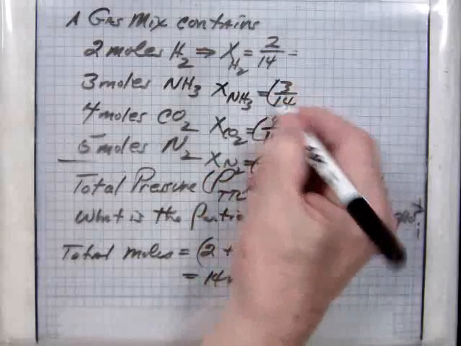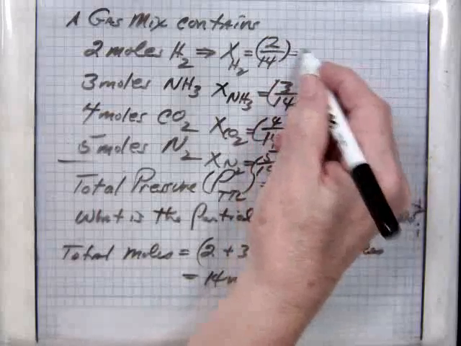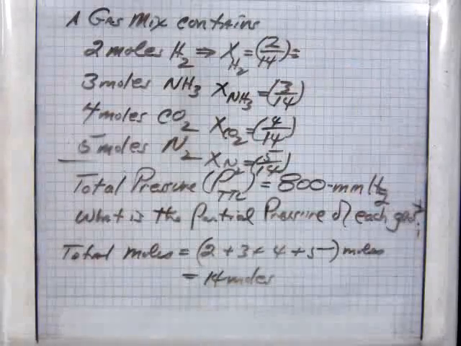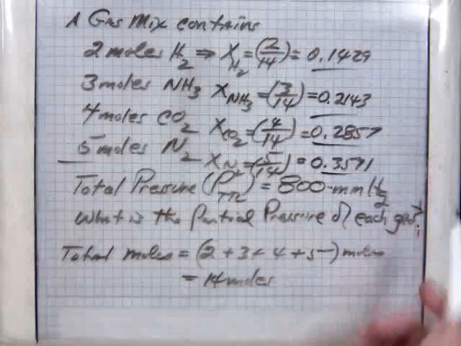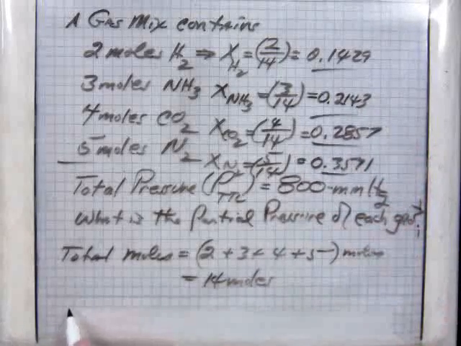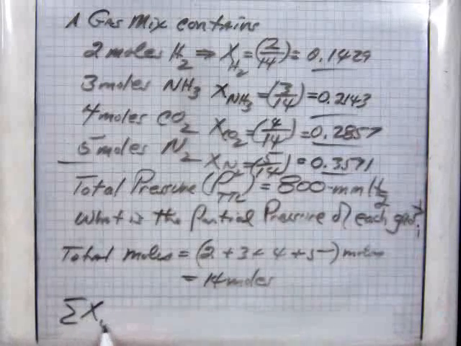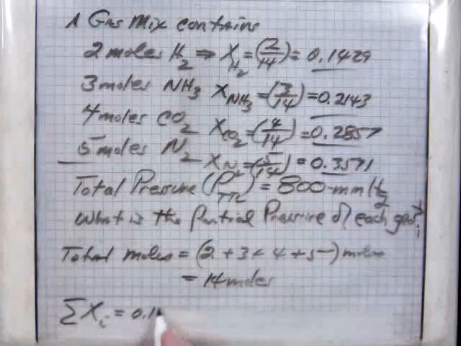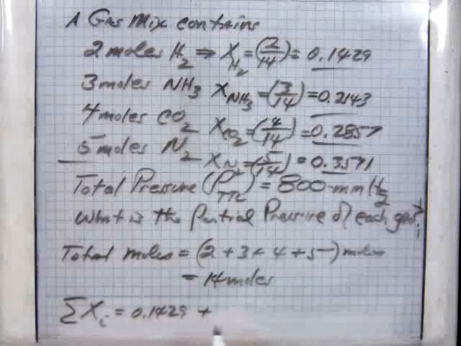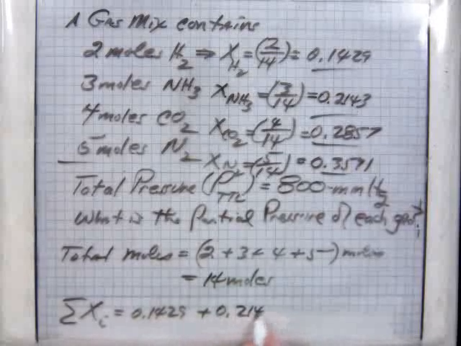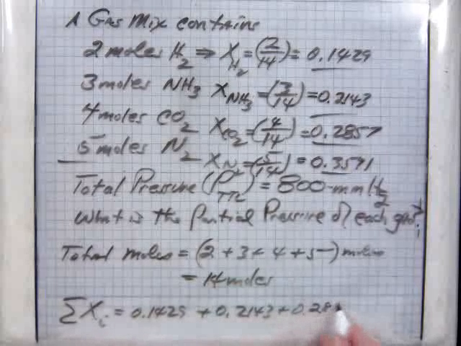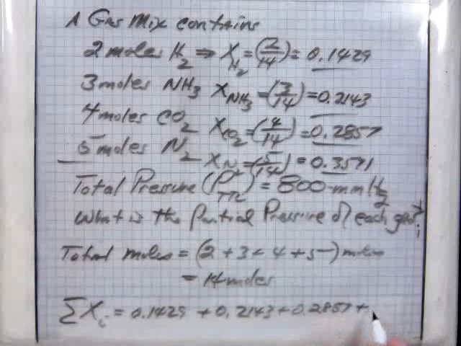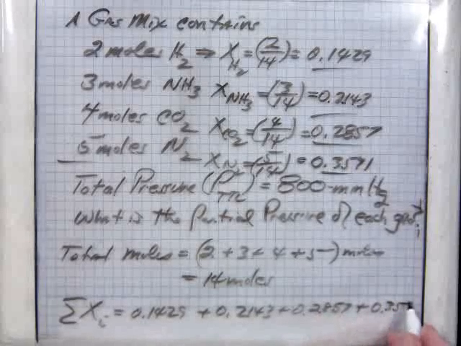So you can see what I got for each of these. Now, the sum of the mole fractions will be 0.1429 plus 0.2143 plus 0.2857 plus 0.3571, just checking to be sure we're correct.